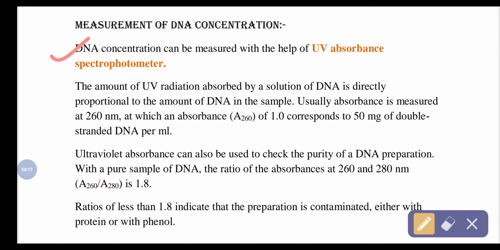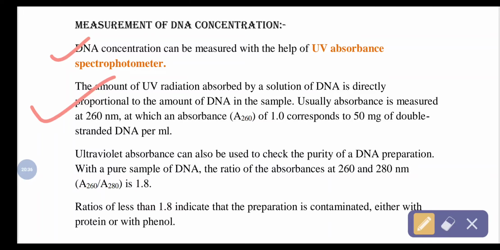Now what happens? The amount of the UV radiation absorbed by the solution of the DNA is directly proportional to the amount of DNA in the sample. If you know the principle of the spectrophotometer, you will understand this line very well.